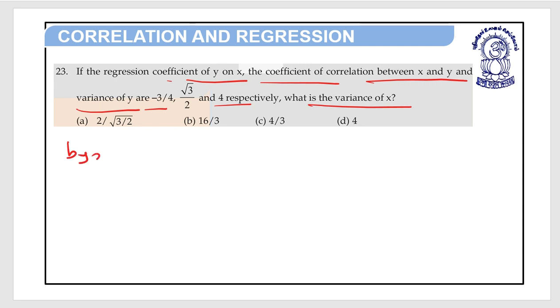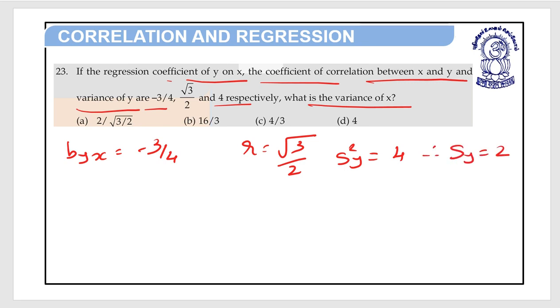Here byx is given minus 3 by 4, r is given root 3 by 2, variance of y is given 4. So sy is equal to 2. Byx is equal to r sy by sx.